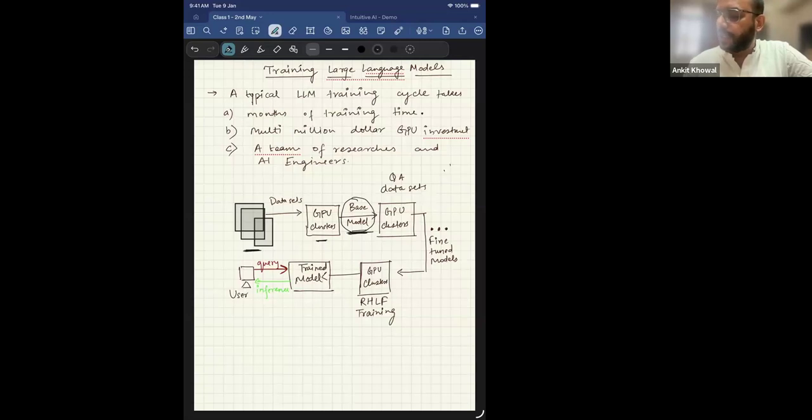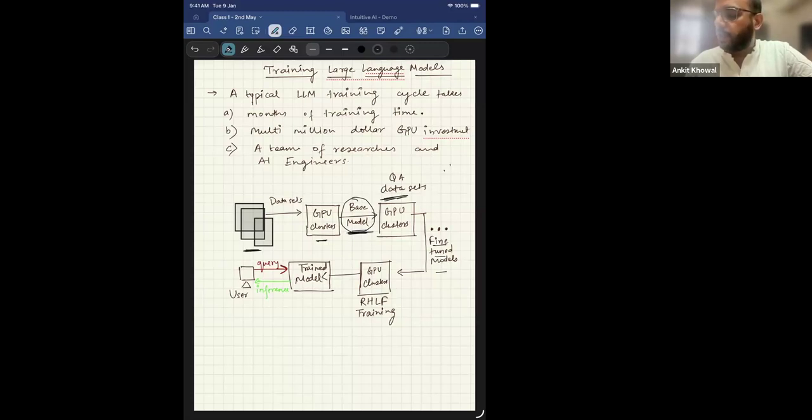You have to take the base model and train it to answer in the format of Q&A. So Q&A data sets are provided to the base model, and then it learns how to give fine-tuned answers in the form of Q&A. Now it has learned the capability of answering in that form. But a question can have multiple correct answers, right? Like option A and option B.